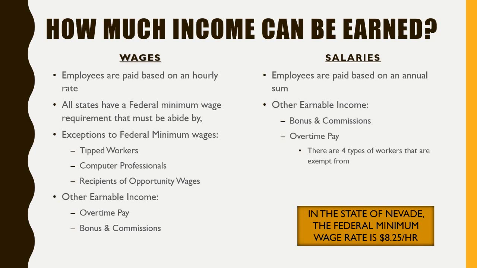Okay. And again, for salary based, which is usually calculated as an annual rate, what you can get here is bonuses or commissions as well as overtime pay, right? A lot of companies, depending on what company you work for, may offer it to you, okay? And that's just additional money that you can earn on top of the money that you've already established, which is an annual rate, right?